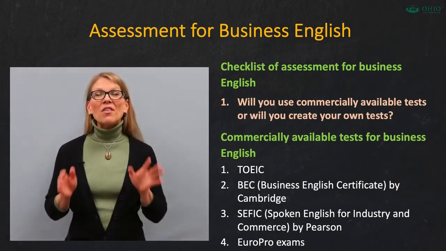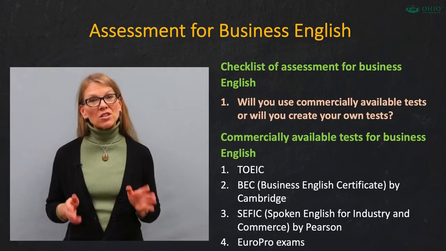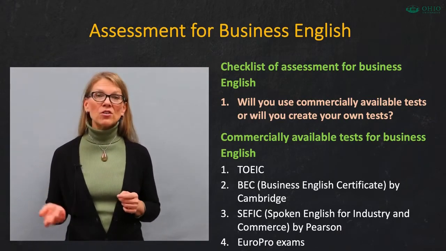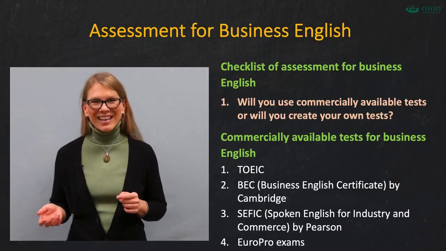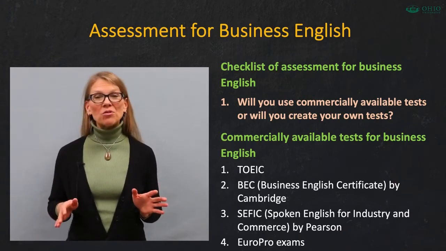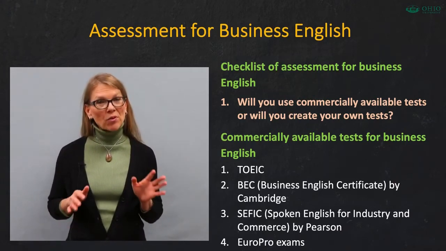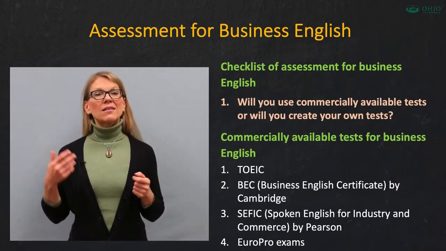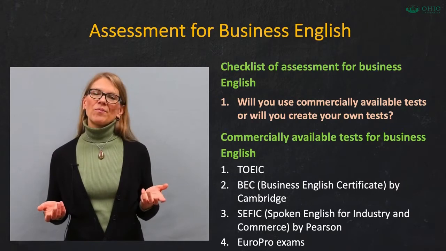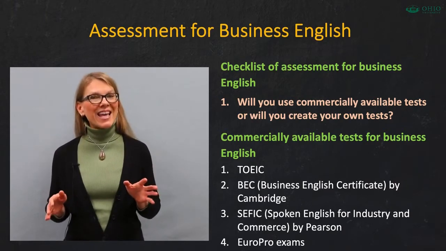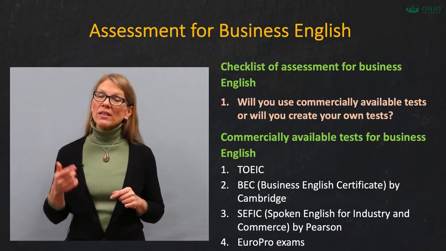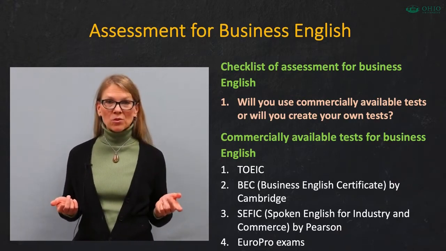Okay, the first one that I would like to talk about is the TOEIC, or the Test of English for International Communication. The TOEIC is widely used to test a test taker's proficiency in business English, but it only tests listening and reading. Recently, ETS, who makes the test, has added tests called TOEIC Speaking and Writing as well.